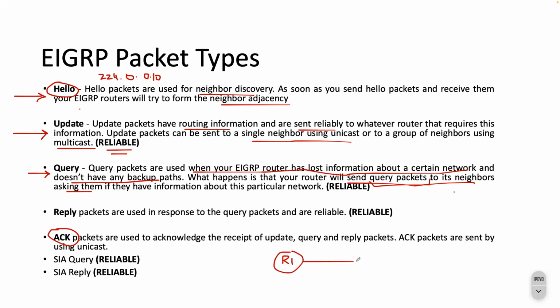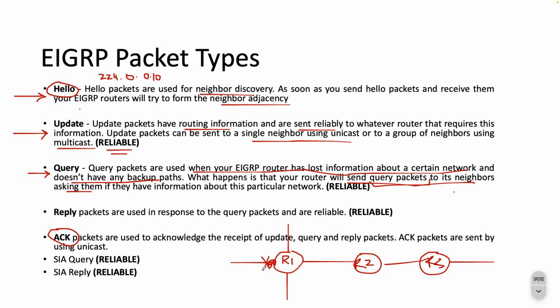R1 was having a route in its routing table, and it loses that route. There are three networks connected, and one of the networks is not reachable. Let's say this was the interface which went down.